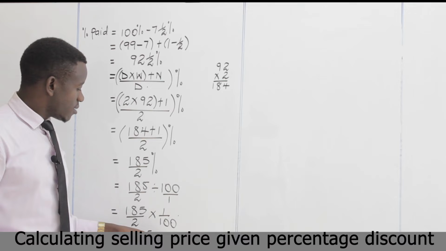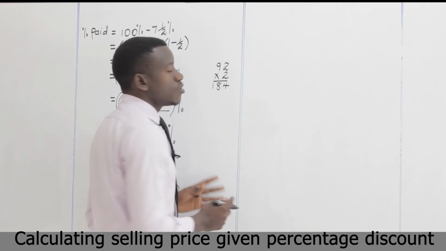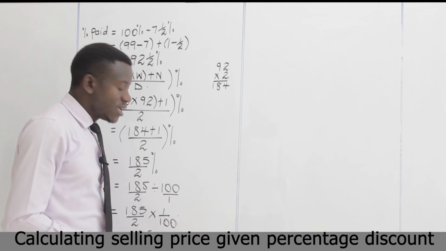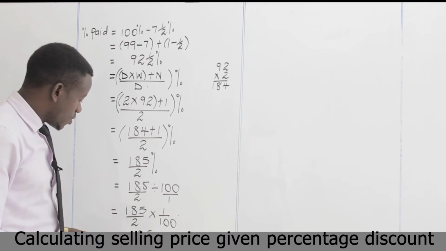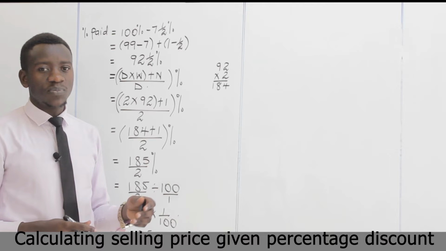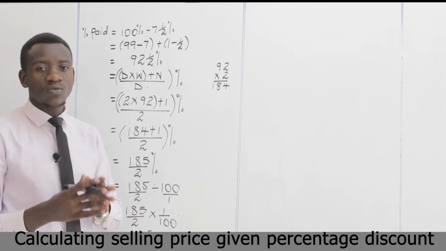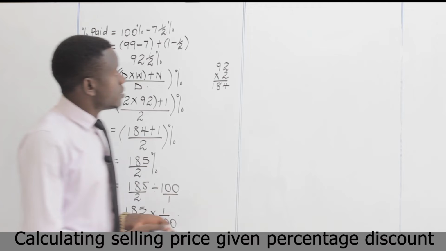This is the fraction we have. At this time we don't know the selling price, but we have the percent which is equivalent to the amount that he paid. So this is the fraction he paid, which is equivalent to the price he paid.